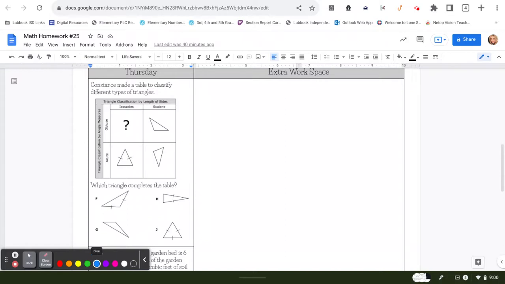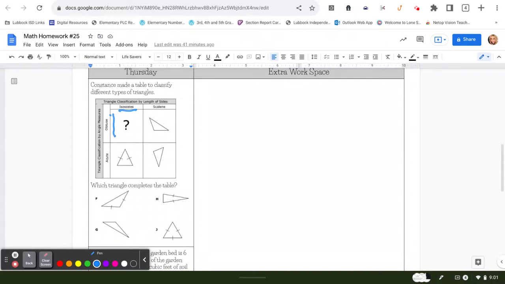And then over here, it says triangle classification by angle measures, and then it says acute and obtuse. Which triangle completes the table? So for right here, I need to find an isosceles obtuse. So a triangle that has 2 sides the same with an obtuse angle.